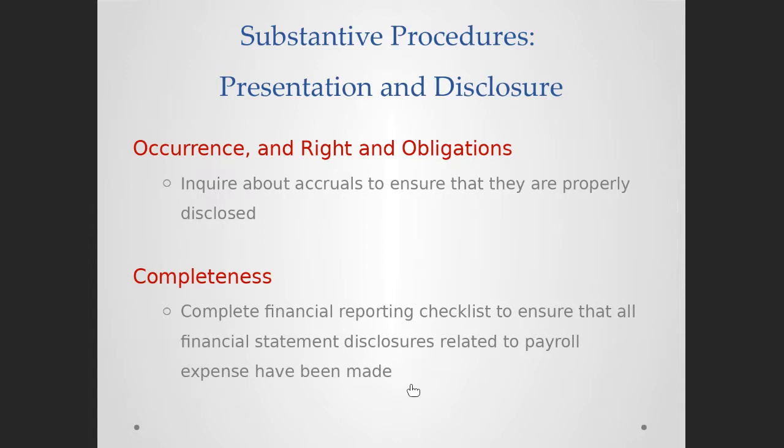So for example, if you're auditing a company that conducts business in the US, then you would have multiple different types of payroll taxes that you have to check, multiple different types of employee related obligations such as Social Security, Medicare, workers' compensation. So these are examples.